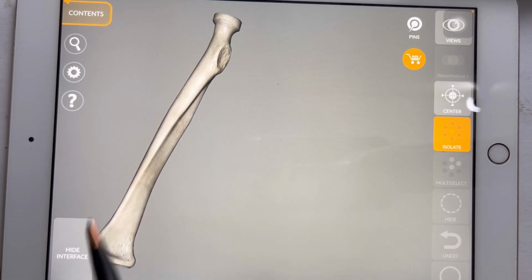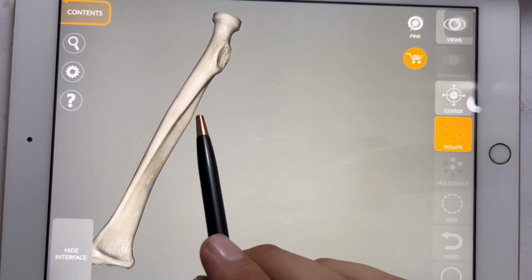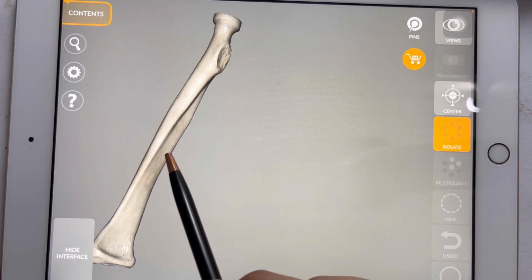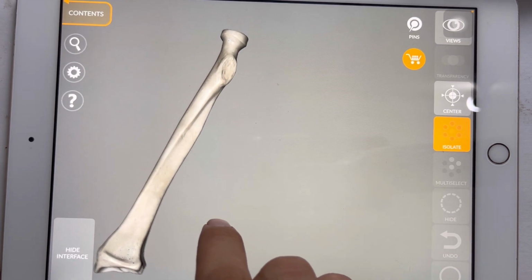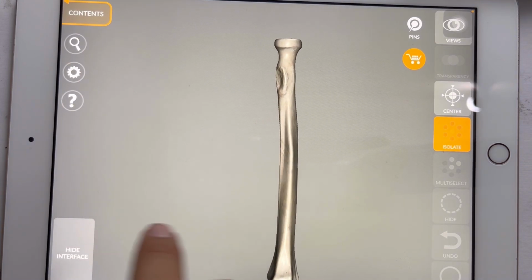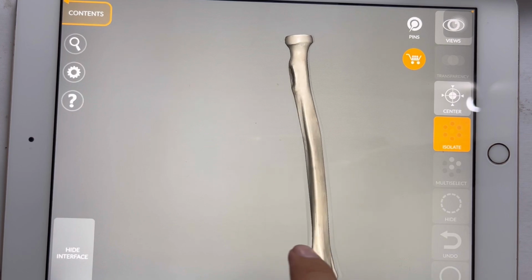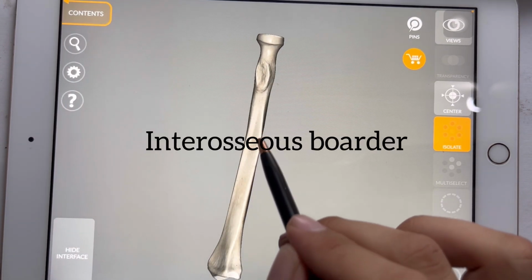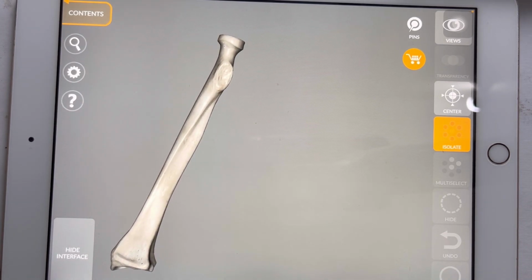Now student, moving toward the shaft of the radius bone. At the shaft of the radius bone on the medial side we have a narrow crest. As you can see, this narrow crest forms the interosseous border, and this plays an important role in the attachment of the interosseous ligament.